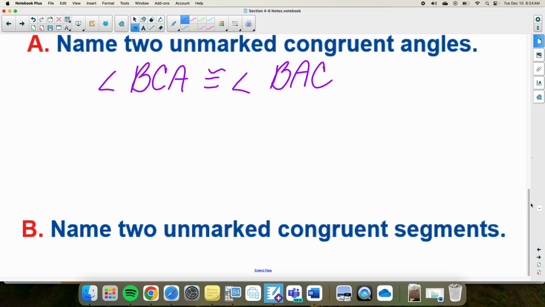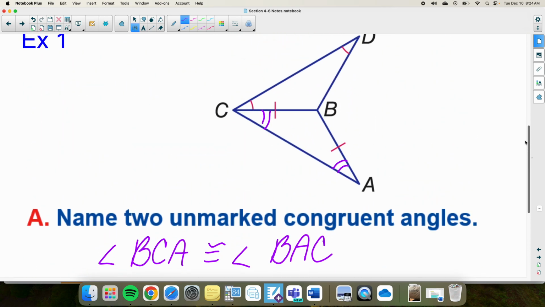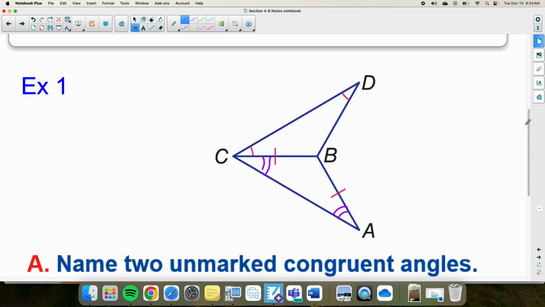Now they want us to go to that same diagram, and they want us to say what two segments are congruent that aren't marked. So what happens there is you're going to look for a triangle that has two angles marked, and you're going to go to the sides that are across from them and mark them congruent. So these are my two angles. The side opposite this is going to be congruent to the side opposite that.